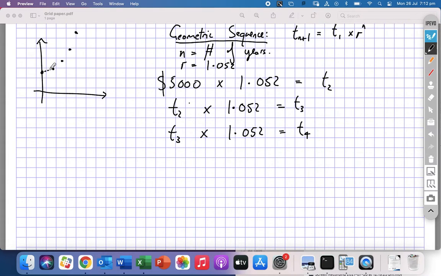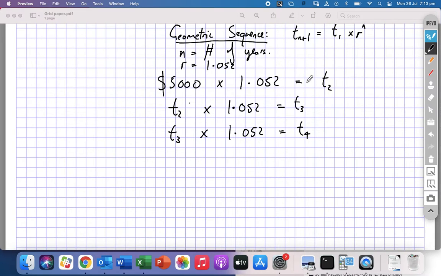So we don't actually join the dots because the interest is only coming at the end of the year, right? But mathematically, you can still think about this as just an exponential growth curve, I think.